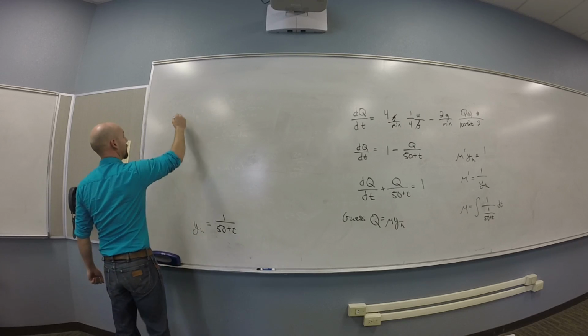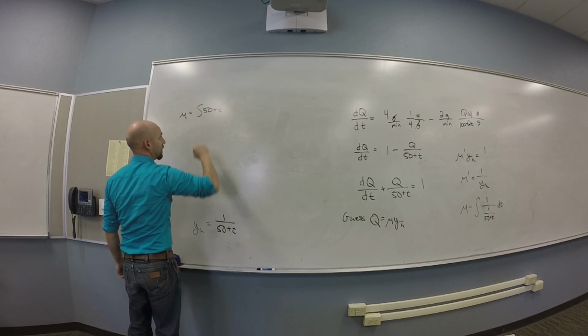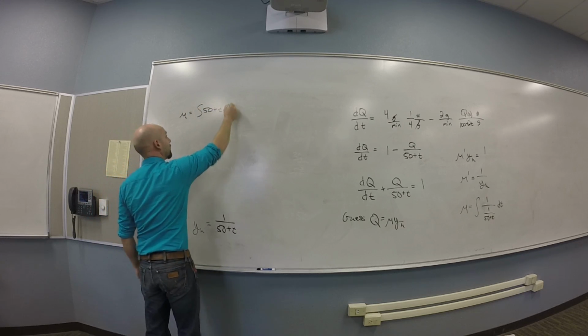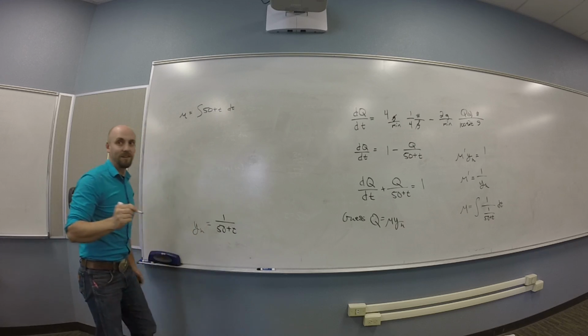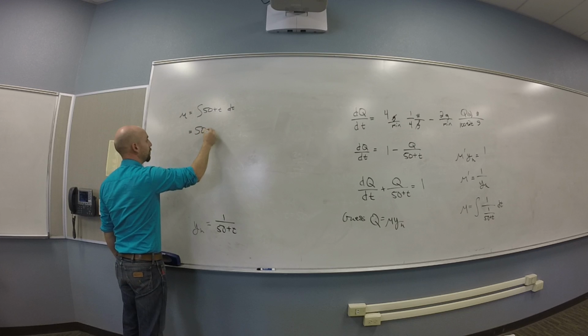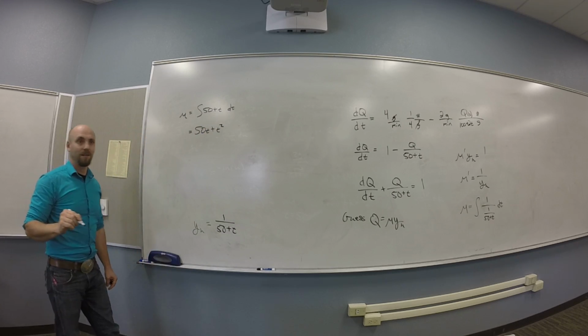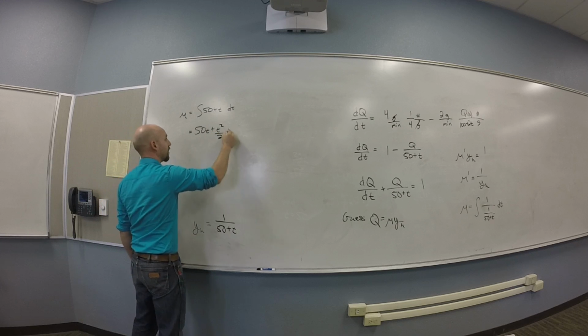So I think I get mu is the integral of 50 plus t dt. Yeah? Okay, so I get 50t plus t squared over 2 and plus a constant.